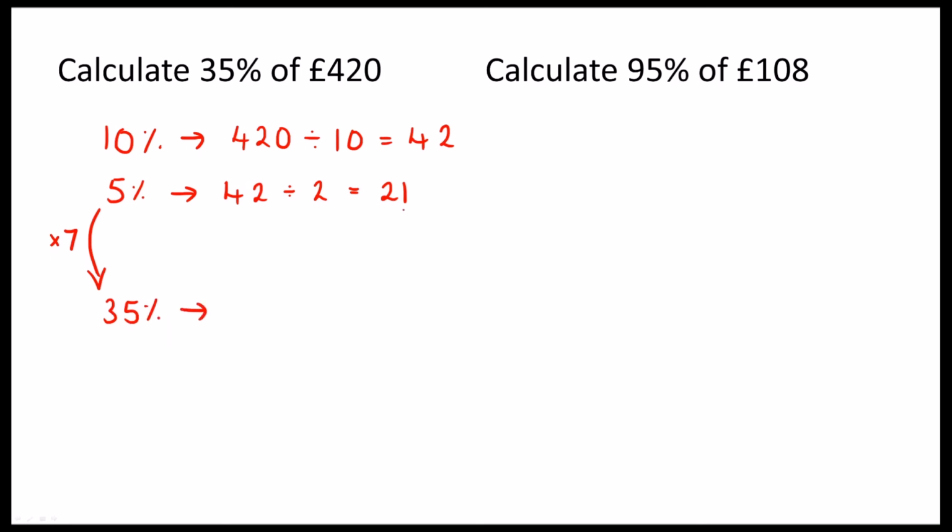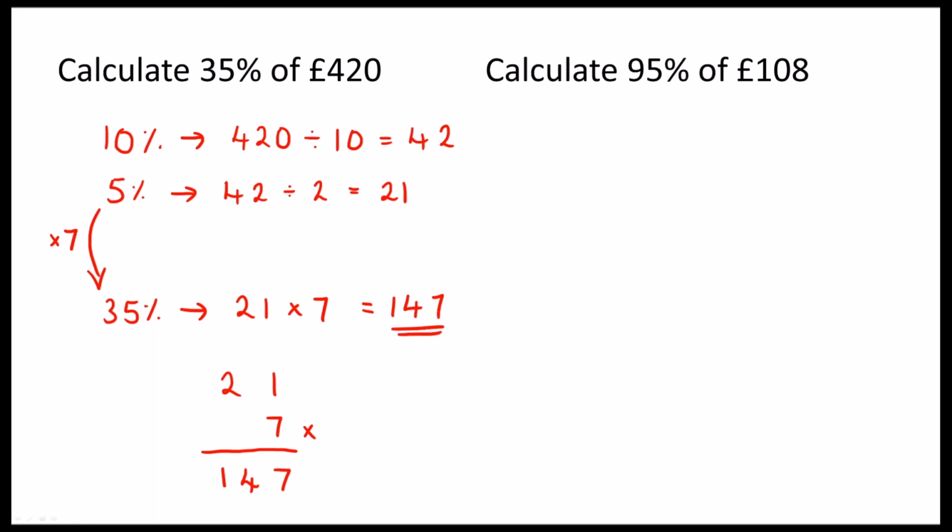That means that 35% is going to be equal to 21 times by 7, and I can work this out using a column multiplication. So 7 times 1 is 7, 7 times 2 is 14, and therefore my answer is 147.